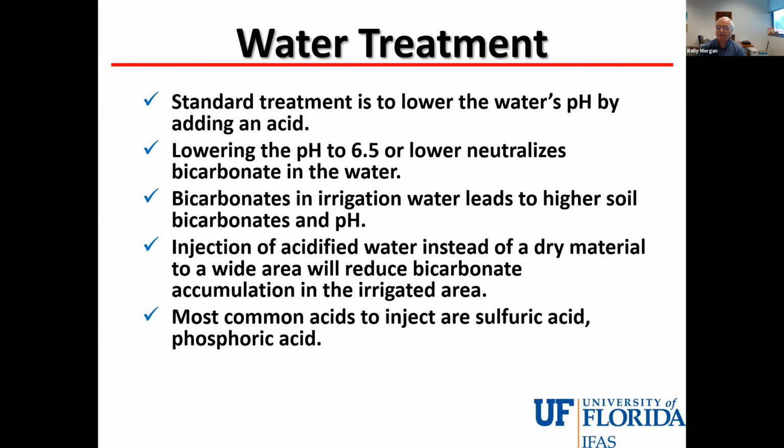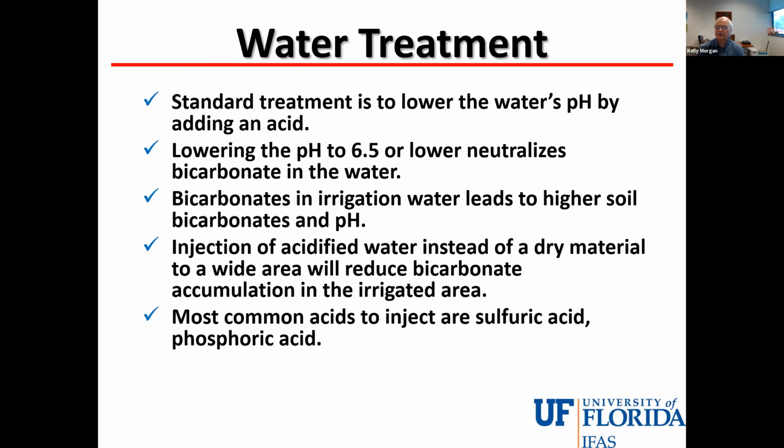And then if you acidify that water by addition of sulfuric acid or other acids, nitric acid is another one, you can lower that pH to about 6.5, and you affect the bicarbonates in the water and in the soil. So these bicarbonates in the water are reduced, the pH is reduced.